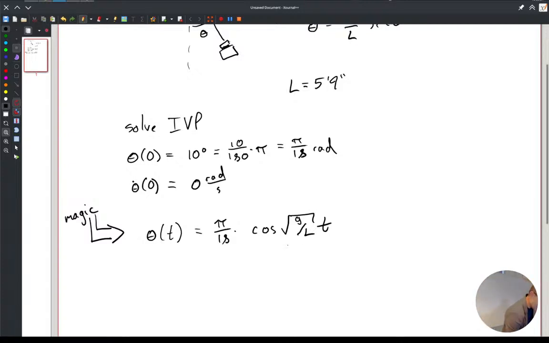What is this thing? That root g over L. The length is the same. Yeah, so we have the same pendulum. Length is the same. Do you know what this term is called? Omega? Yeah. Angular acceleration, kind of.